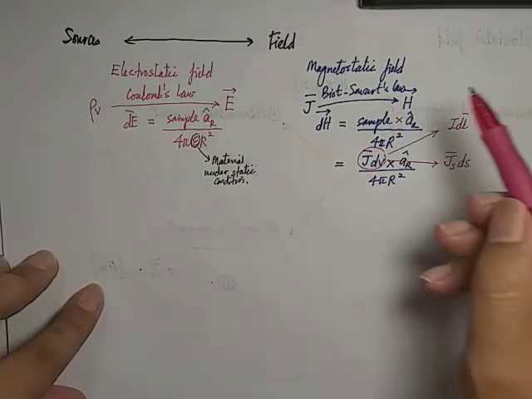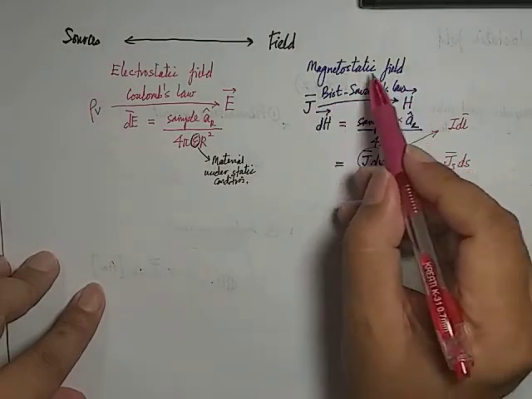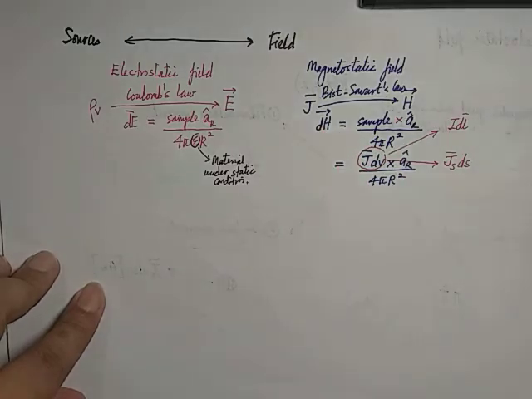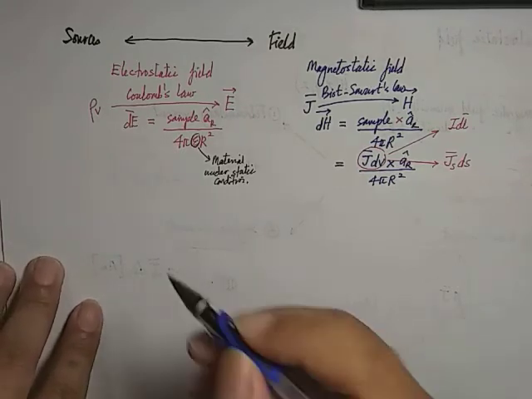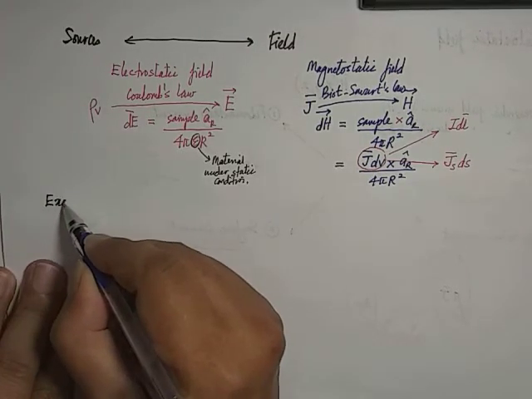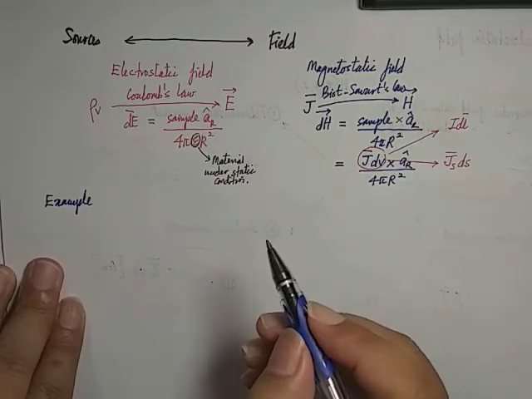So that should be the method to determine the field, which is to be specific the magnetic field, from the current source. Now I'm going to do an example. Here I want to make the learning process something that is nothing new.